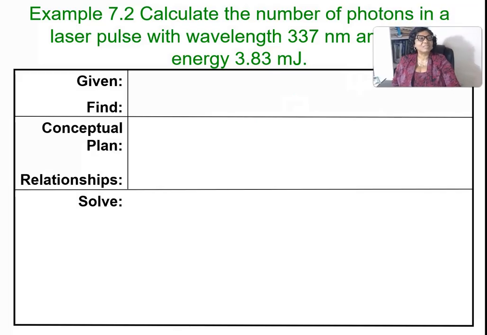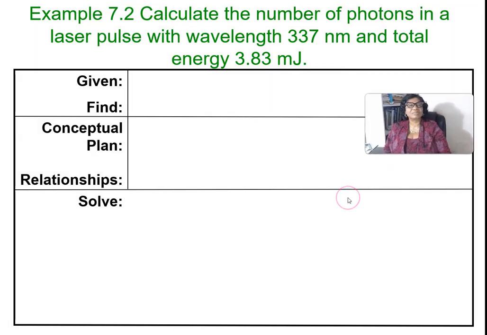Let's take an example. Calculate the number of photons in a laser pulse with wavelength 337 nanometers and total energy of 3.83 millijoules. So this is our wavelength in nanometers.